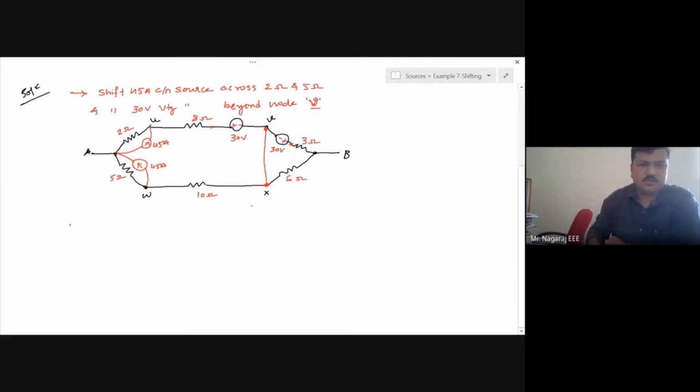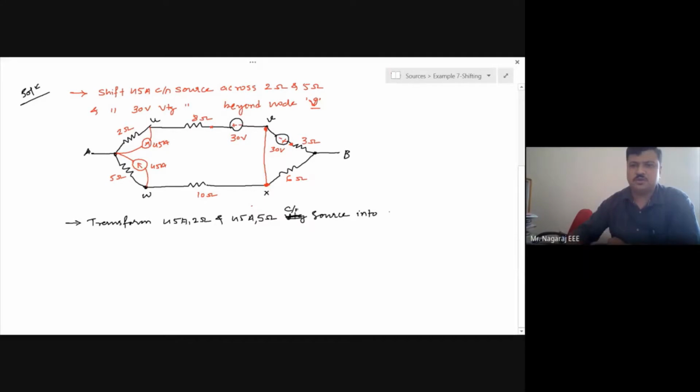Okay, so here I will transform 45 amp 2 ohm and 45 amp 5 ohm current sources into voltage sources.